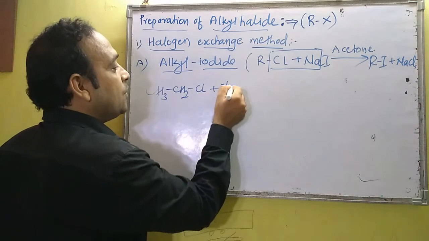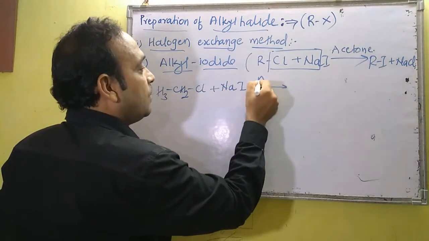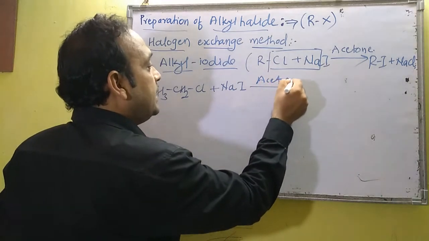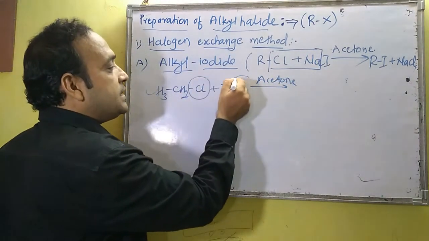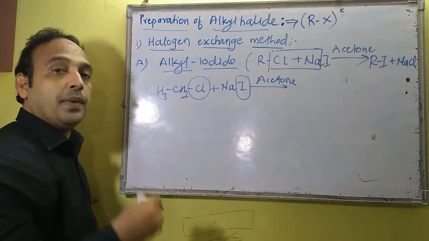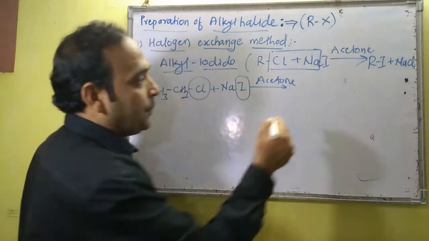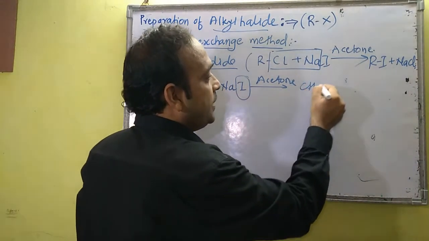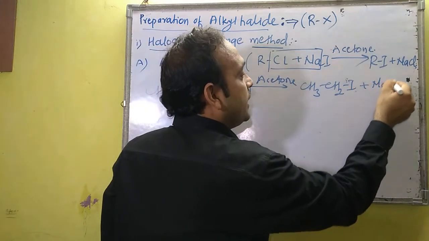Now suppose I am taking the example of ethyl chloride, CH3CH2Cl. This ethyl chloride reacts with sodium iodide in presence of acetone solution. In this reaction, one halide is replaced or exchanged by another halide. So this Cl is replaced by I, and my product is CH3CH2I plus a salt is formed.